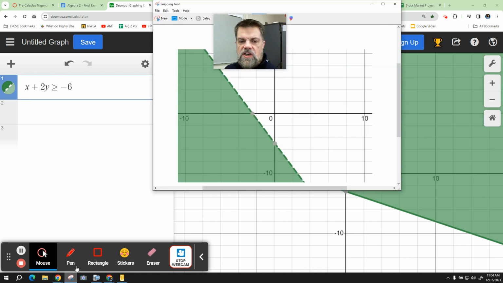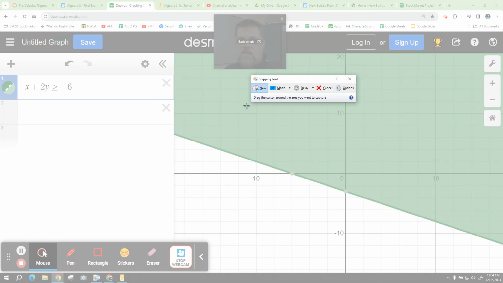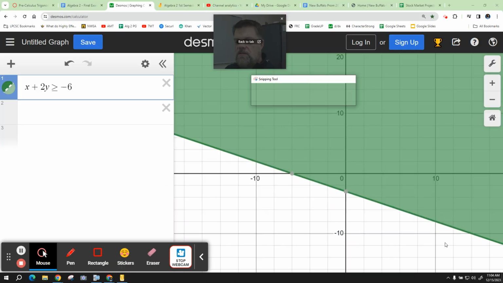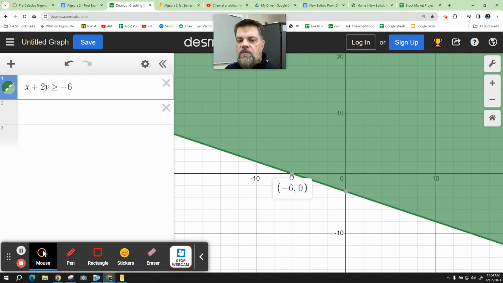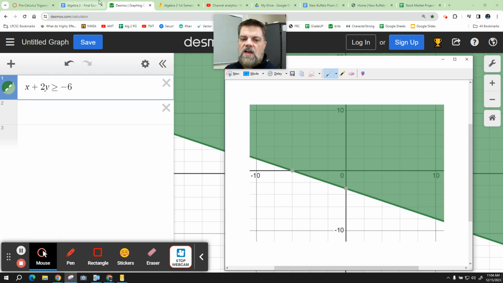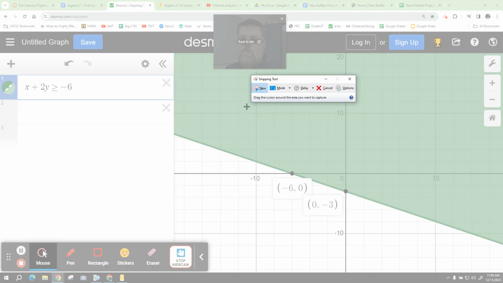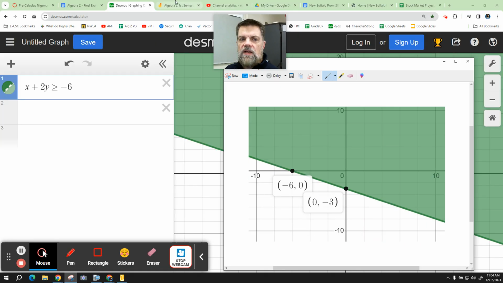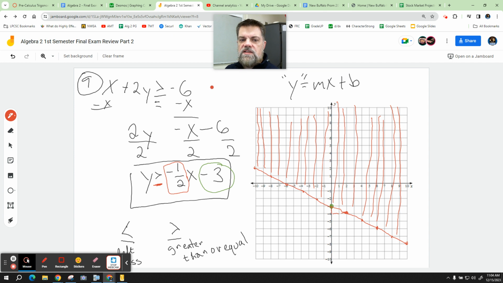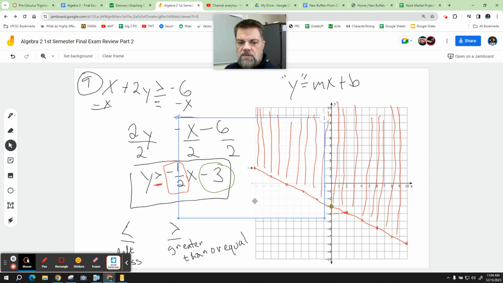We'll take a screenshot of that. Does that look like what I just graphed? Yeah. I suppose what we could do, just for fun, is maybe identify the x and y intercepts. Right? And then check it on this thing.